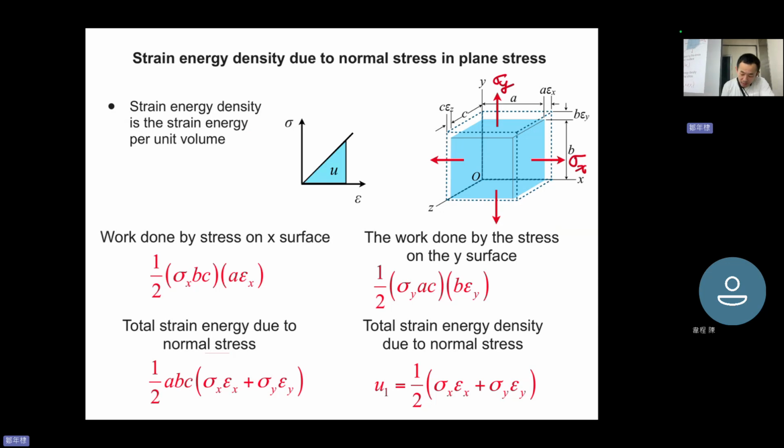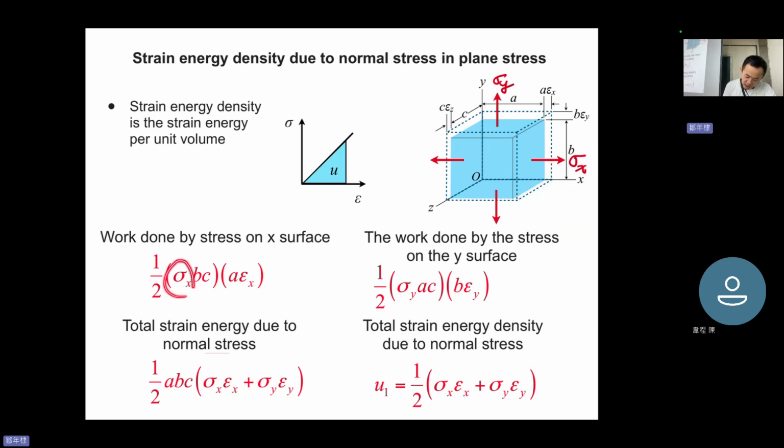So again, work done by stress on the x surface, okay? How to determine the work? Force times displacement, right? So what is the force? Sigma x times the area.